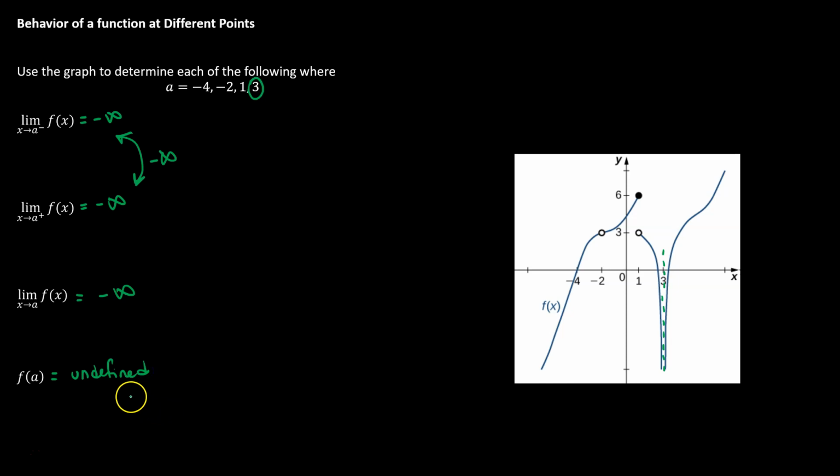So this function, although the left limit matches the right limit, therefore telling us the two-sided limit is negative infinity, the function is actually not defined there. Just like what happened at the negative 2 x value. Two completely different visual scenarios, but kind of the same relationship between the one-sided, two-sided limits and function definition.